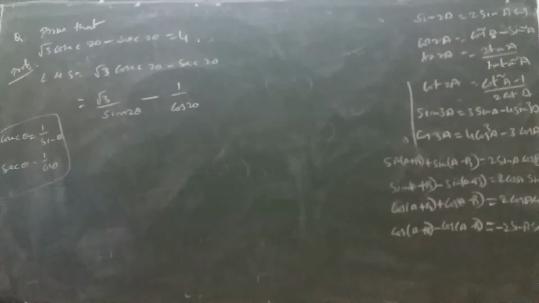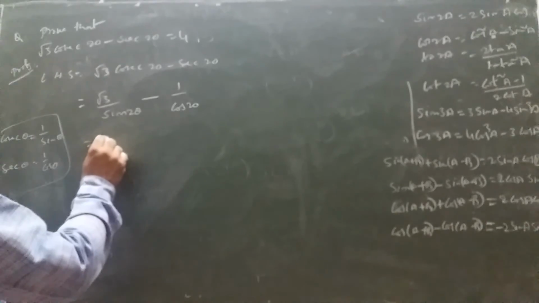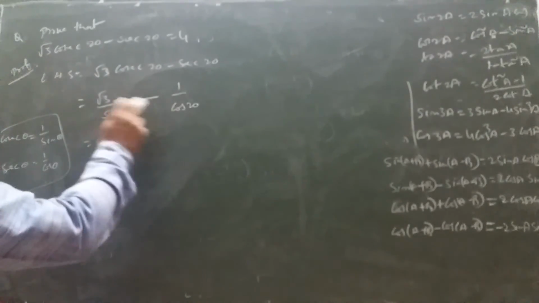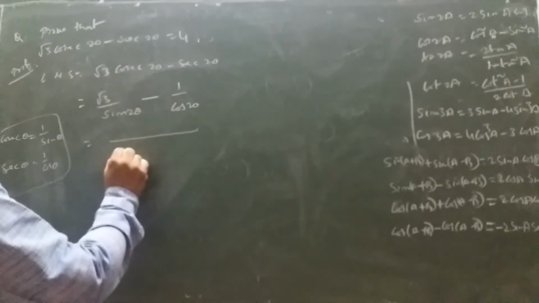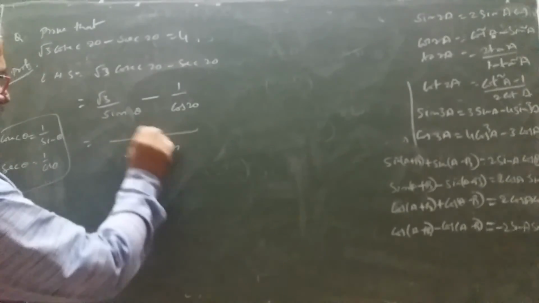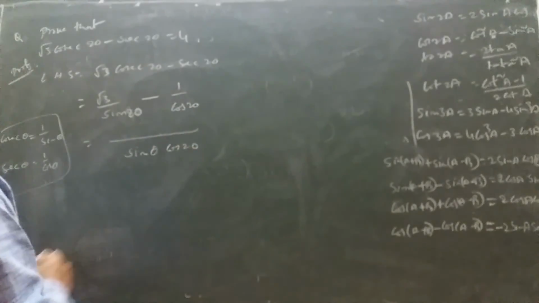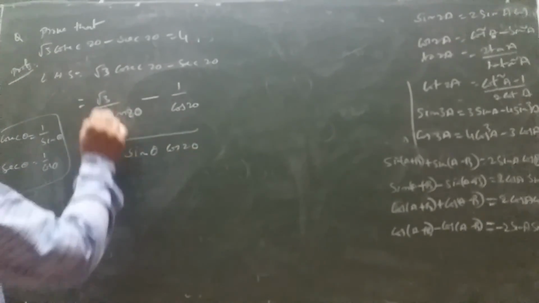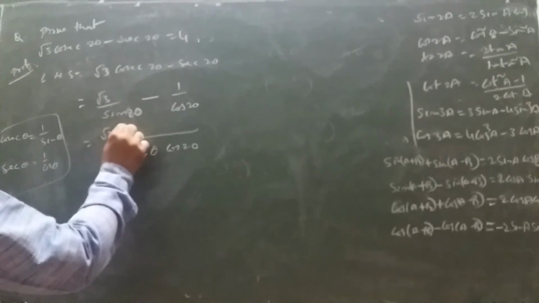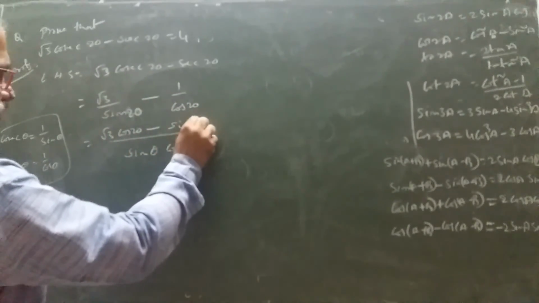These are the reciprocals. This can be written, by taking LCM, sin 20 cos 20 common, as (root 3 into cos 20 minus 1 into sin 20) by sin 20 cos 20.